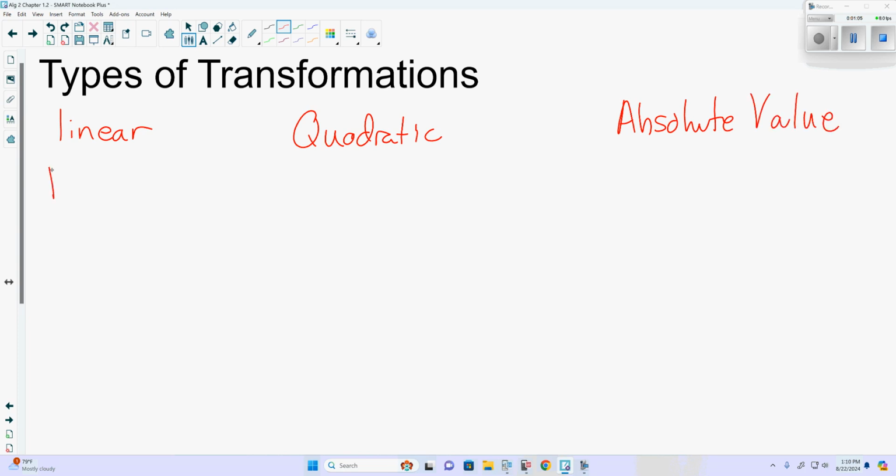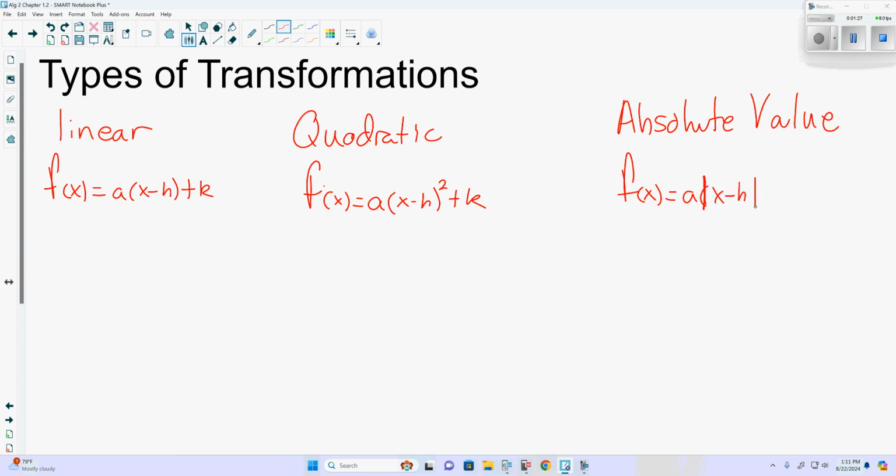Linear was f of x equals a times x minus h plus k. Quadratic, f of x equals a times x minus h squared plus k. In absolute value, f of x equals a times absolute value of x minus h plus k. We had this from yesterday, so I'm filling this back in.